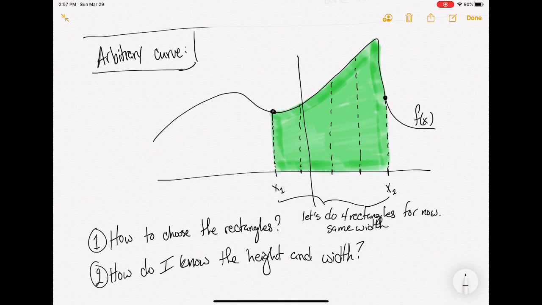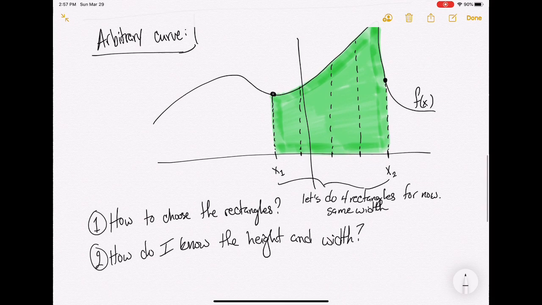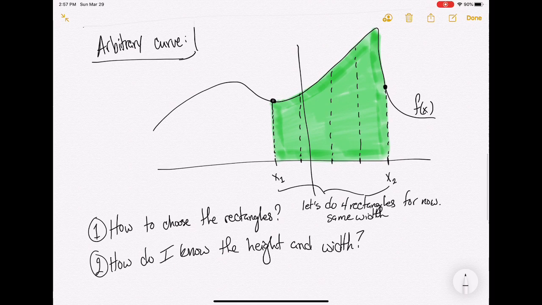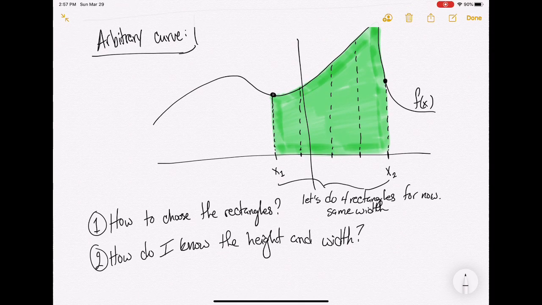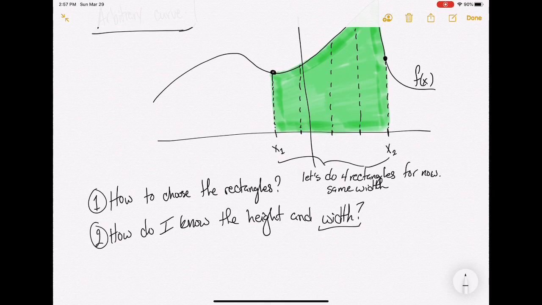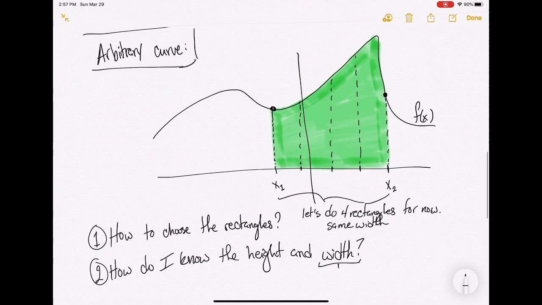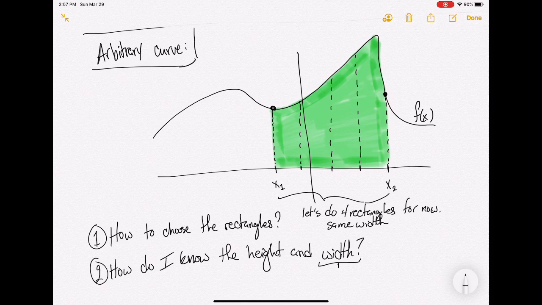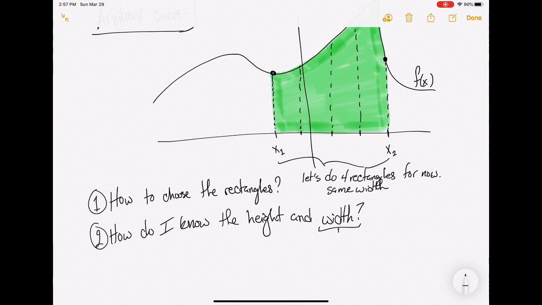And you guys are all yelling at me like, those are not rectangles. Those are some weird blob-shaped things. Yeah. And so this is the tough part: how do I know the height and the width? Well, we can find the width. It's not too bad. If they're equally spaced, the total width is x2 minus x1.